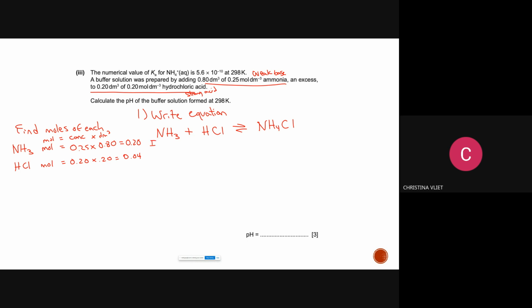So NH3, 0.20. HCl, 0.04. Now what? Subtract the limiting reagent. The limiting reagent, we can visibly see, is the smaller number.